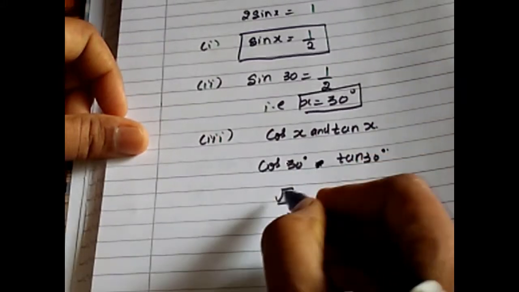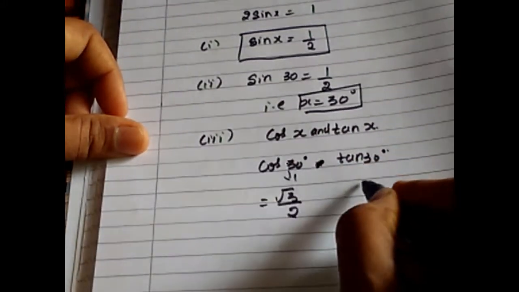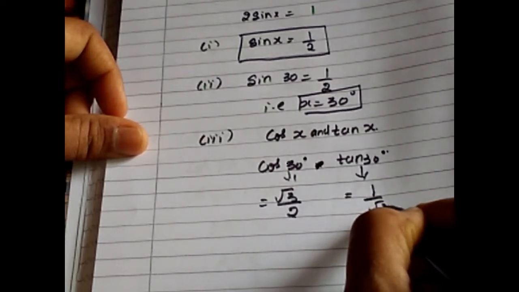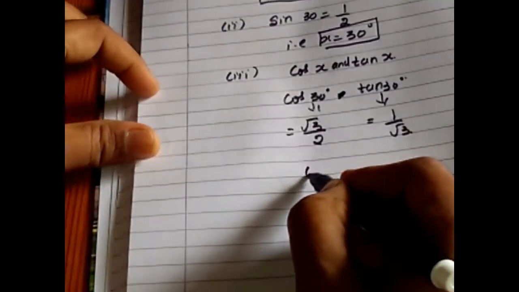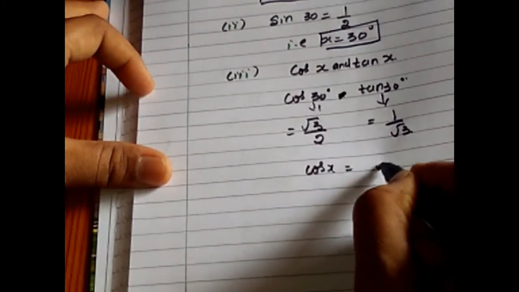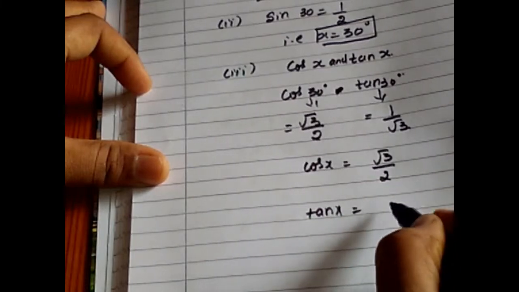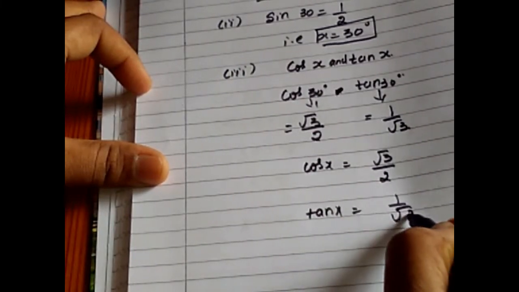Okay, so let us write cos x as root 3 by 2 and tan 30 is equal to 1 by root 3. So let me rewrite it in a proper way. Cos x is root 3 by 2 and tan x is equal to 1 by root 3.